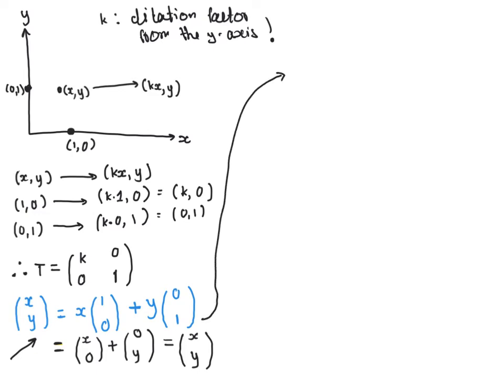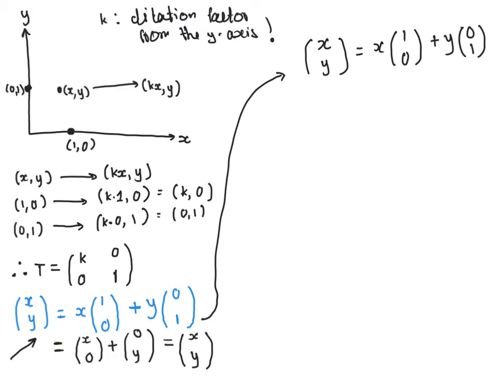So let me continue. We can write x, y as x times 1 0 and y times 0 1.